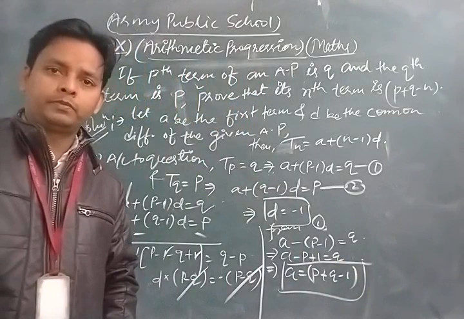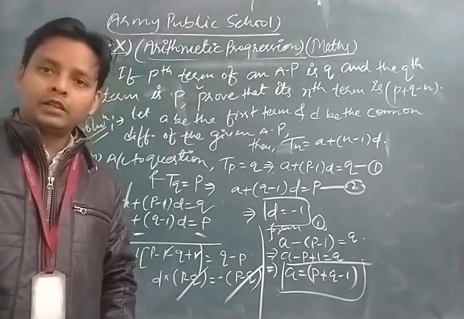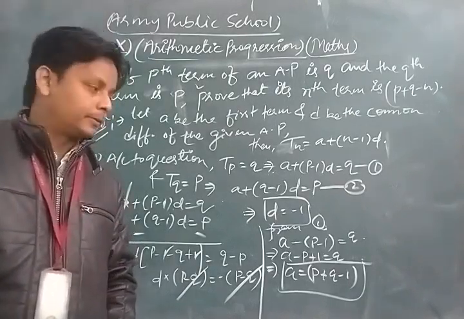So in this way, dear students, first of all we find the values of A and D. Now we have to show that its nth term will be this.